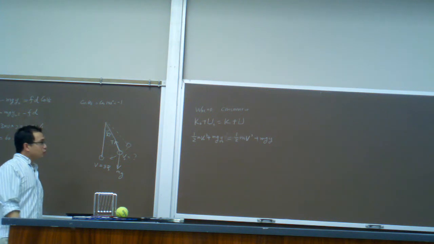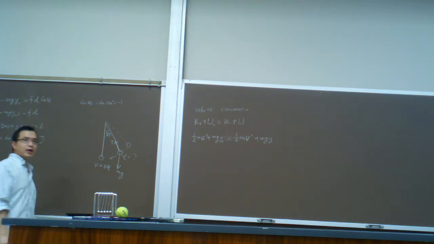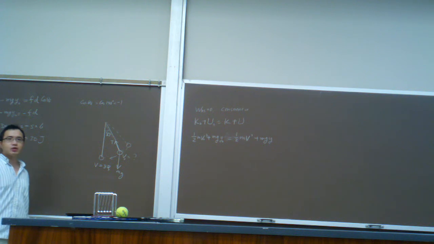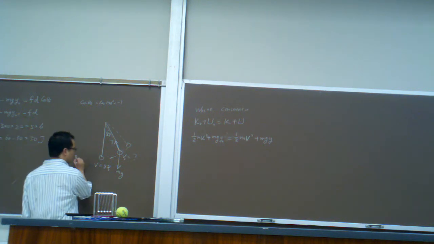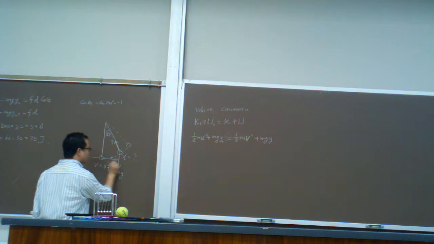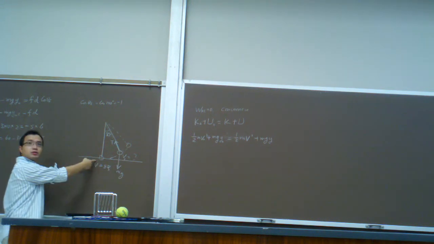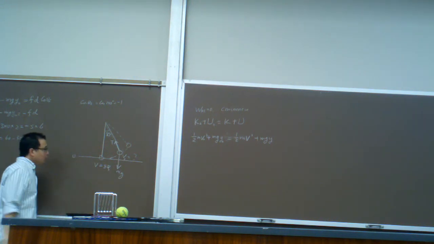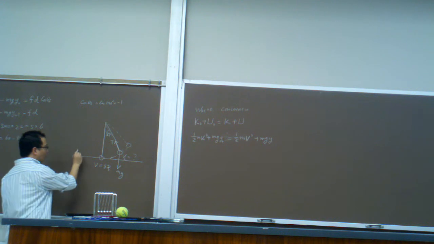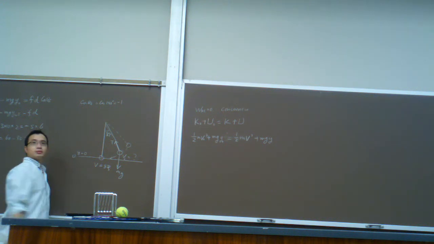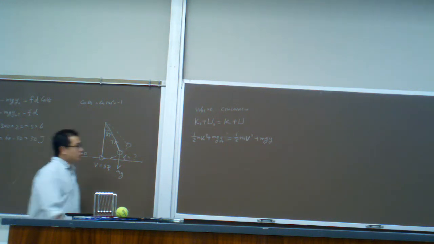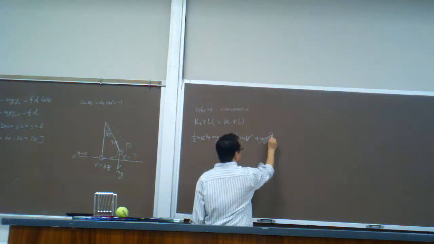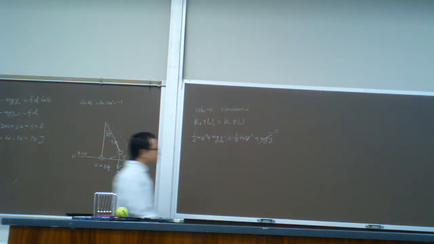As we mentioned, we can always make one of our states, the initial state or final state, the 0 point for the potential energy. For example, if we make the lowest point our 0, that means final y equals 0, so this term goes away. Final potential energy is 0.